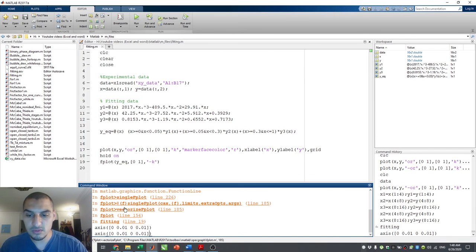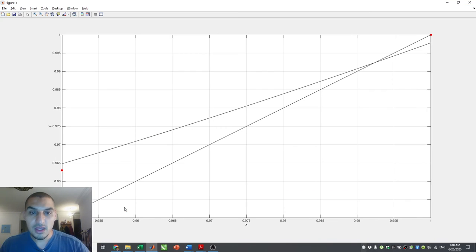Let's go to the other part, from 0.95 to 1. You'd see that it's not going exactly through this point. So the fitted data is intersecting the 45-degree line here, and it is shifted by a very small value actually.